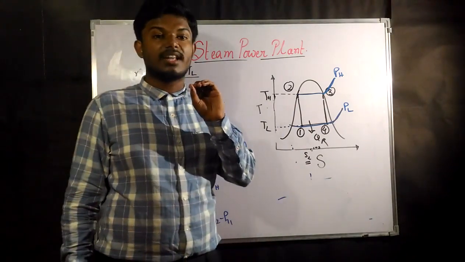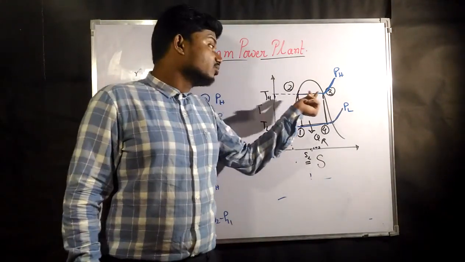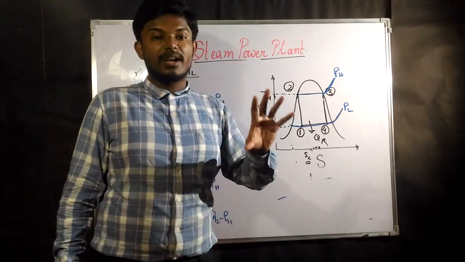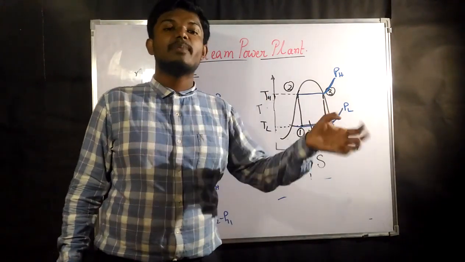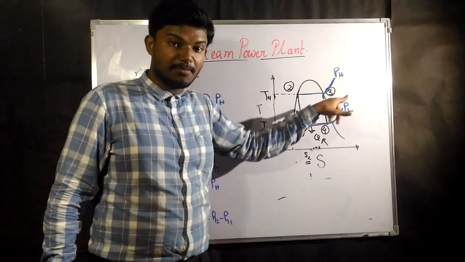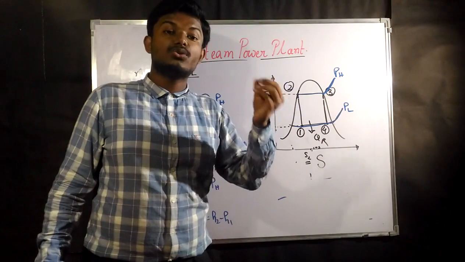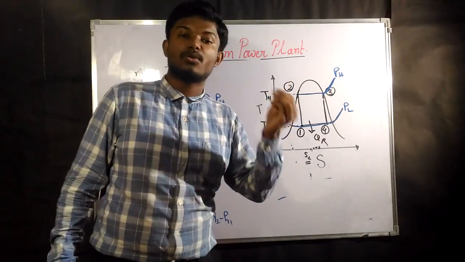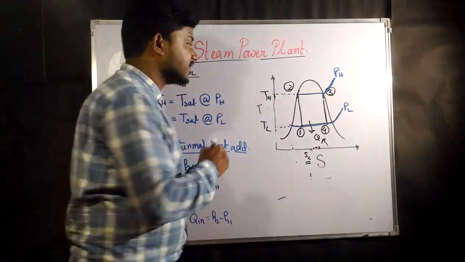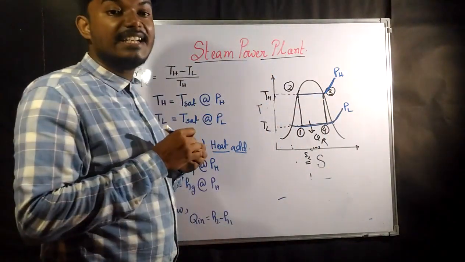Saturated temperature means the temperature at which, at a certain pressure, the liquid has just finished the evaporation process and there is just vapor. The temperature at this point gives you TH.